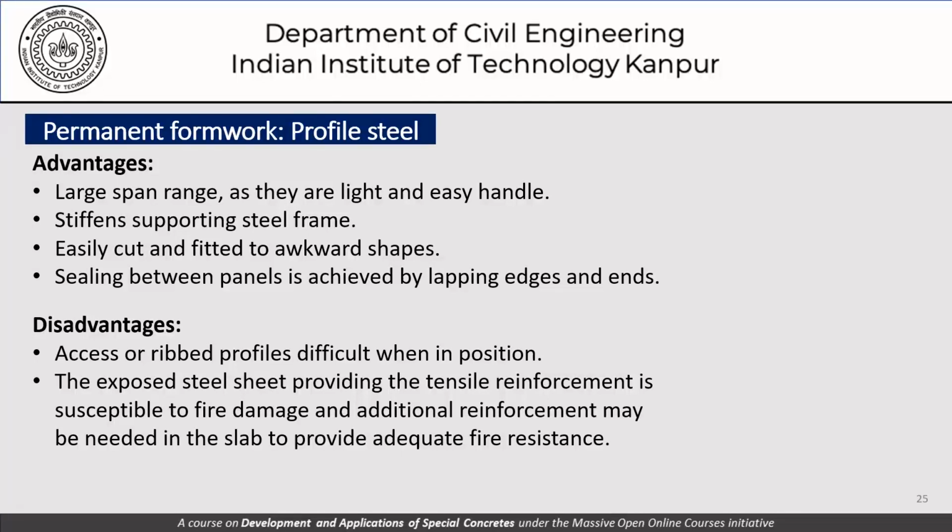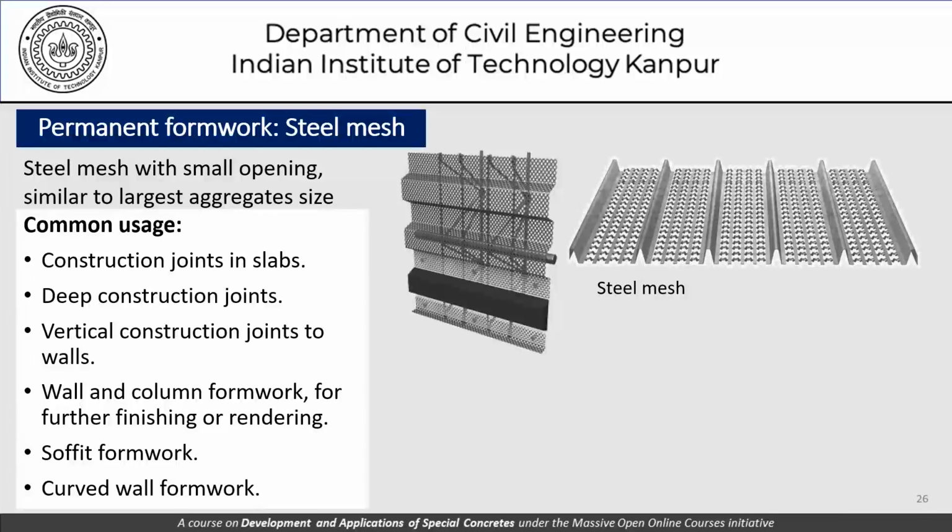Then we have the next type of permanent formwork which has been mentioned here. That's the steel mesh. The pictures are shown here for you. The steel mesh has small openings similar to the large size aggregate meshes, and they are commonly used in construction joints, in slabs, deep construction joints, vertical construction joints to walls, wall and column formwork for further finishing and rendering, soffit formwork, curved wall formwork.